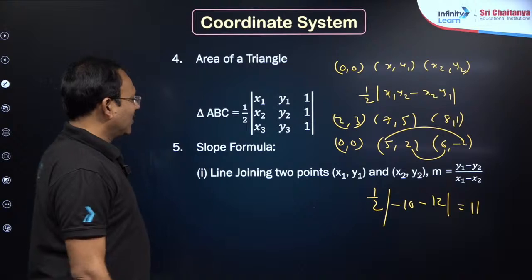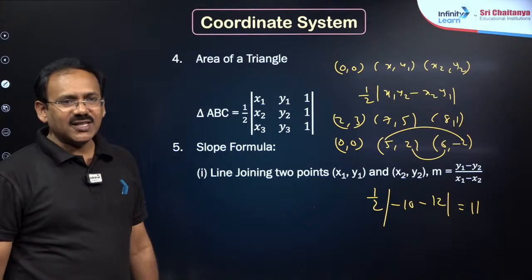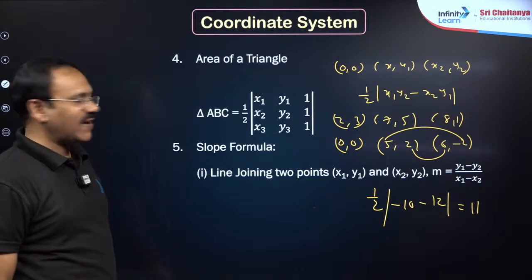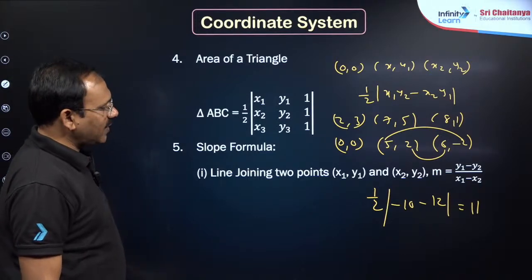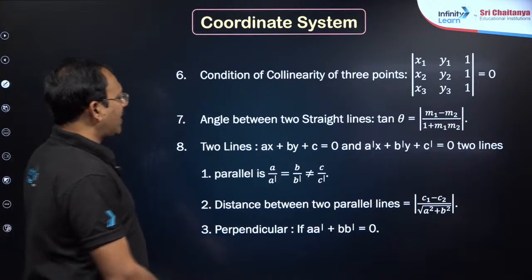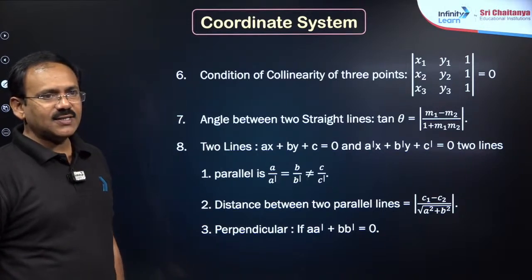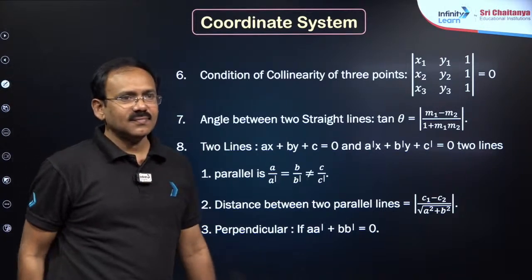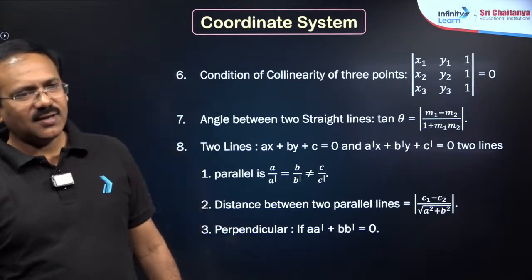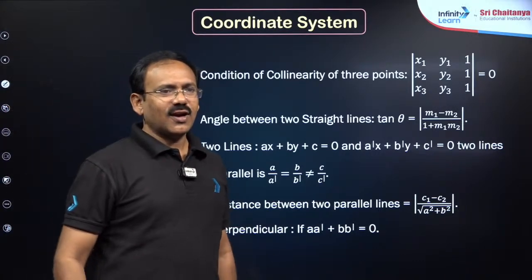Right, chalo. If 2 points are given on a line segment, the slope m is given by (y2 minus y1) by (x2 minus x1). To find the angle between two lines, it's a typo error, but we err to correct, right?